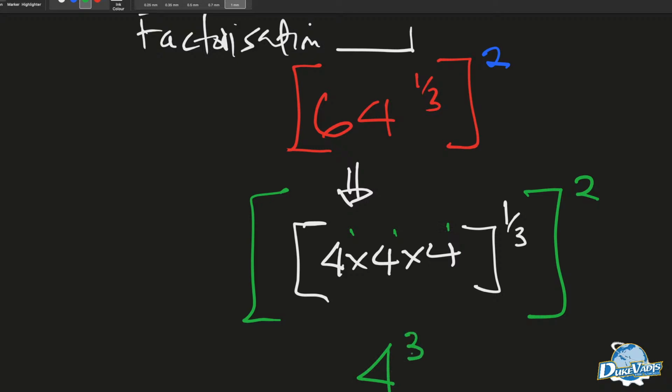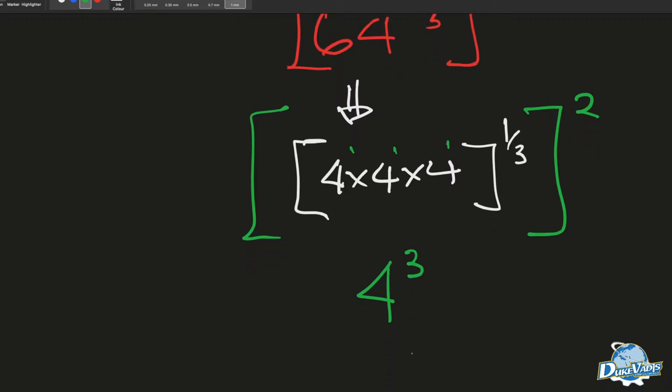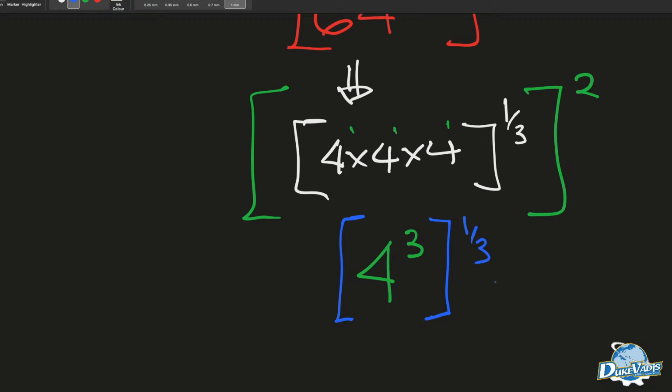I haven't changed anything at all. 4 raised to the power 3, all in brackets to the power 1/3, and we still have the 2 out.